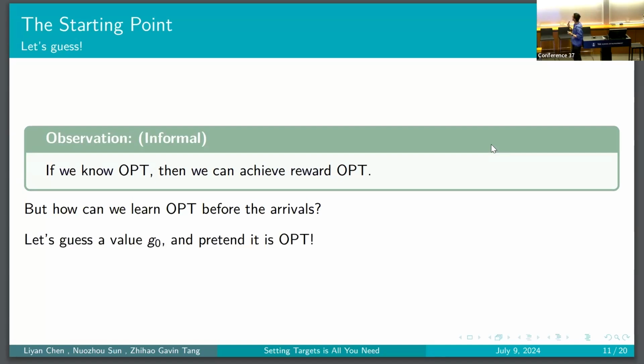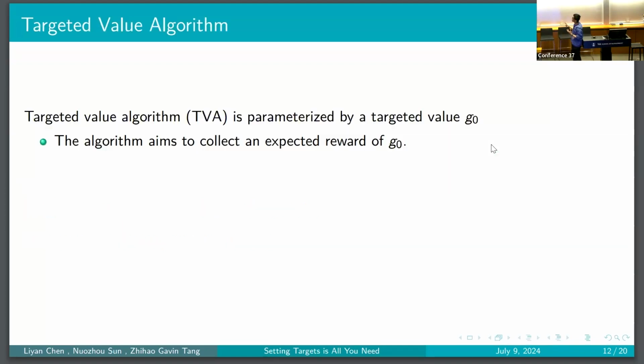But we can make a guess. So now it's time to describe our algorithm. Our algorithm, named the targeted value algorithm, is parameterized by a targeted value G0. The algorithm claims it wants to collect an expected reward of G0, and G0 is the guess target.